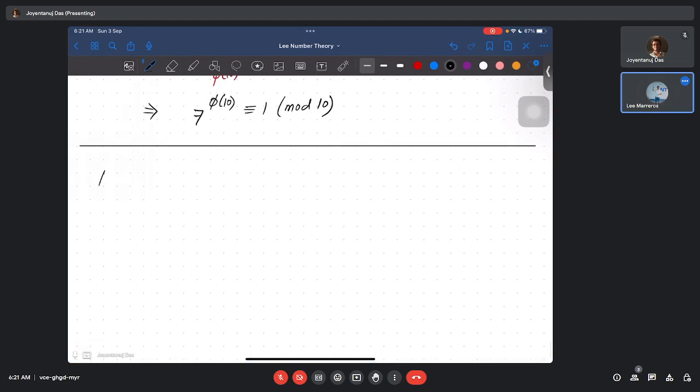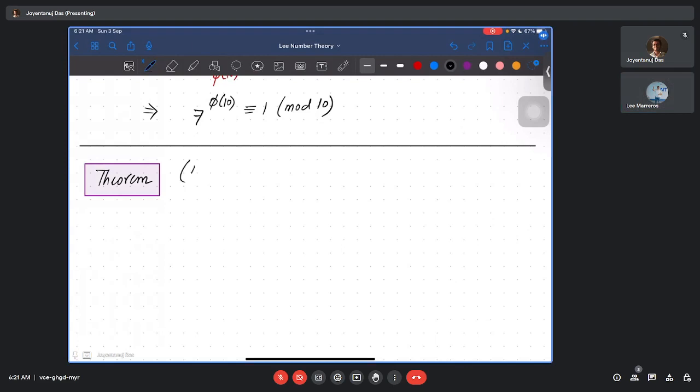So this is called Euler's formula. The statement is: if GCD of a and m is 1, so that is needed, then a to the power phi of m is congruent to 1 mod m.